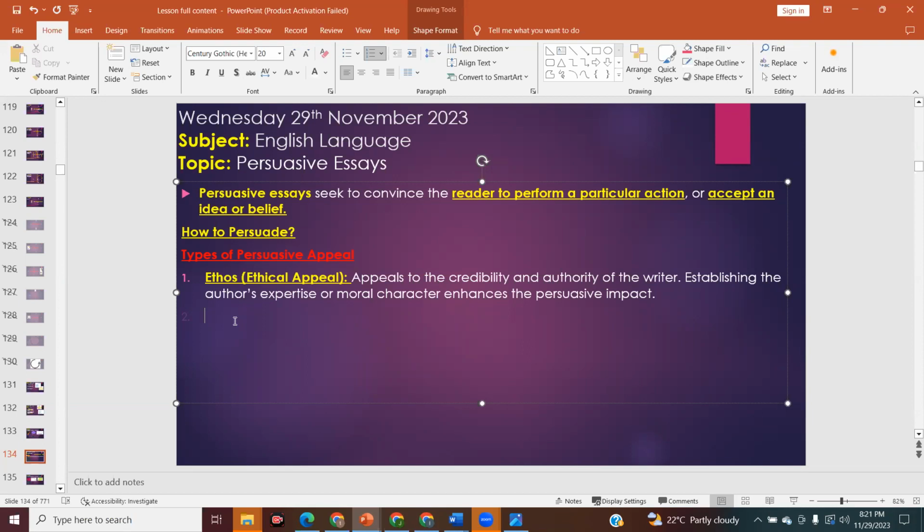So when the examiner reads your work, they'll be like, this is an A paper, this is a B paper, this is a C paper, because this is definitely a pass. The person showed they can organize themselves properly. They show some sort of credibility, so I could believe them.